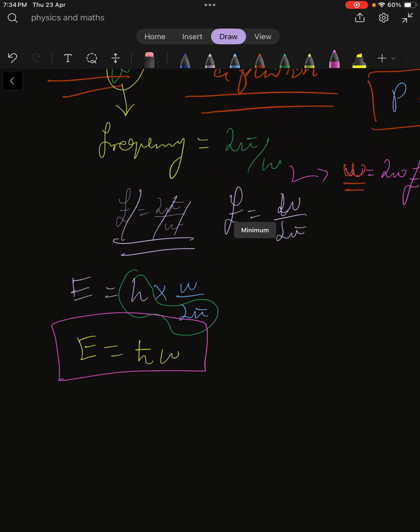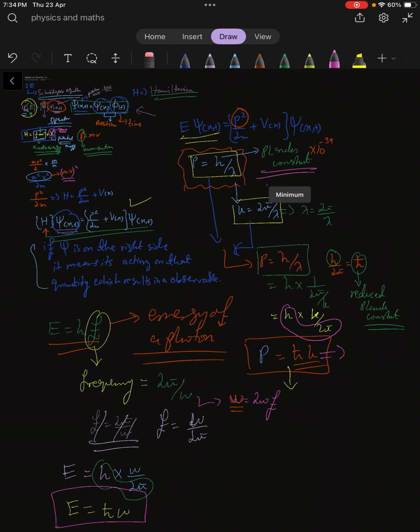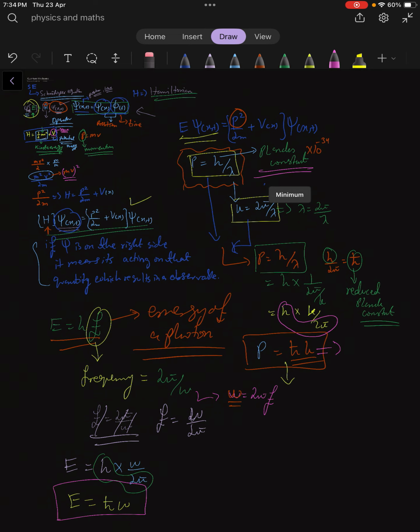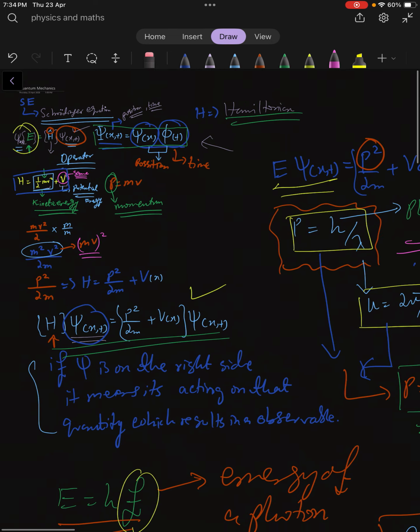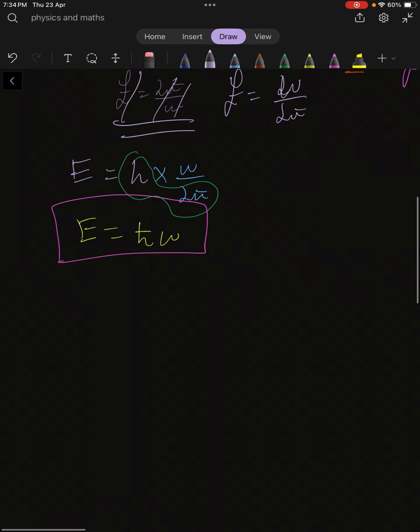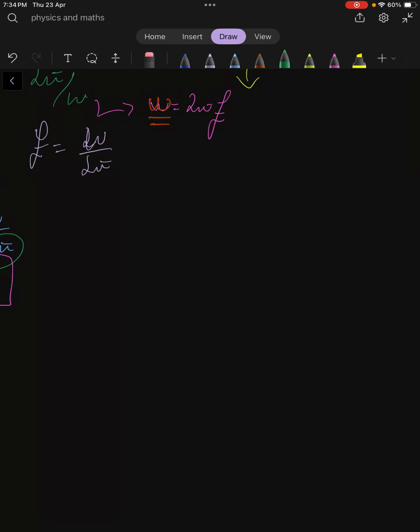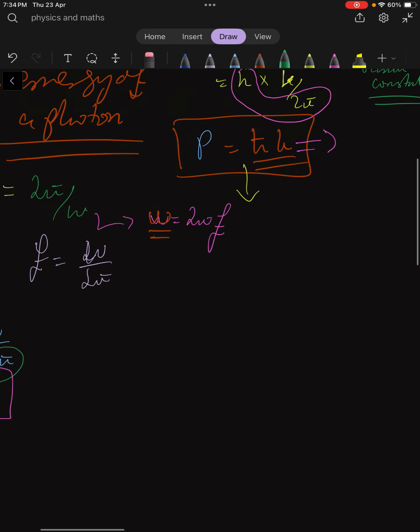Now, we have derived every part we require for the Schrödinger equation, which we will be using in this form, from this form. To do this, we will do the derivation.